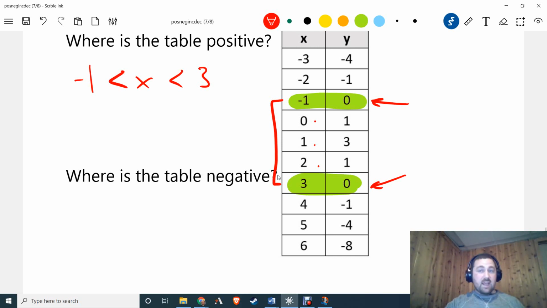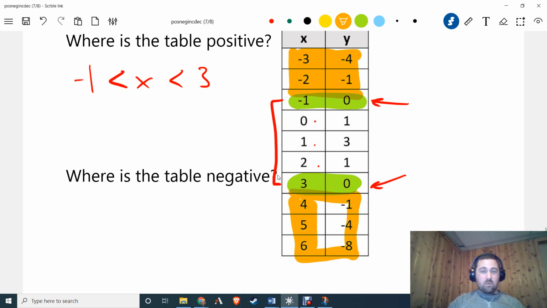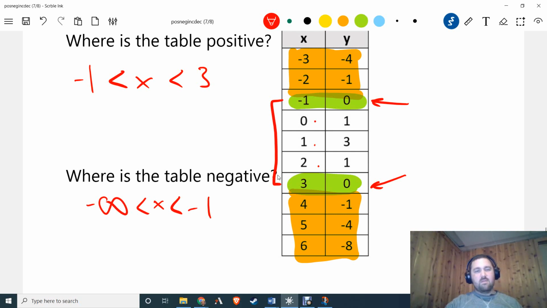And for where the table is negative, it's the same idea. We're looking for the negative y values. So it's everything from this negative 1, and this table theoretically just keeps going. Even though we didn't write it, it just keeps going forever, upwards and downwards. So if we want to find where the table is negative, it stops being negative at negative 1, but it's all the way from negative infinity to negative 1.